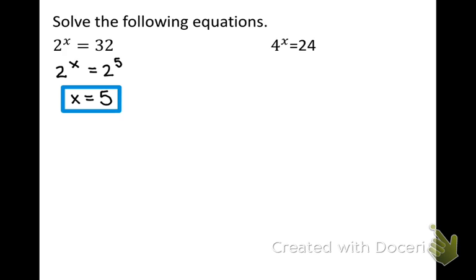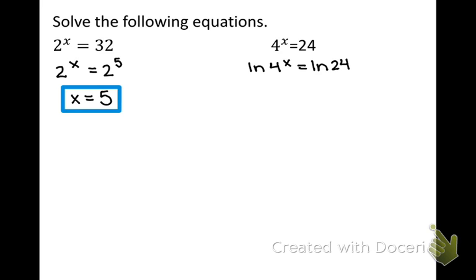There's no way I can write 24 with a base of 4. So because I can't make them the same base, I need to take the natural log of both sides. So I'm going to take the natural log of 4 to the x equals the natural log of 24.